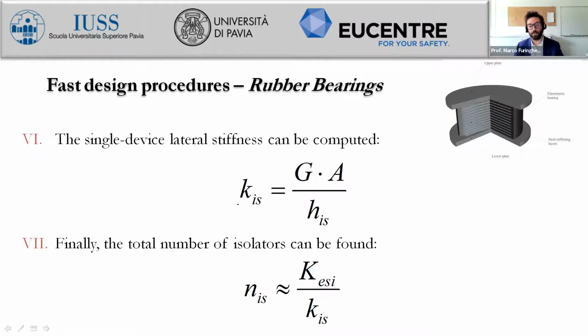So we can compute the single device lateral stiffness as the multiplication of the shear modulus and the plane area, divided by the height of the isolator. And obviously, this is related to the compound characteristics that we assume in design.